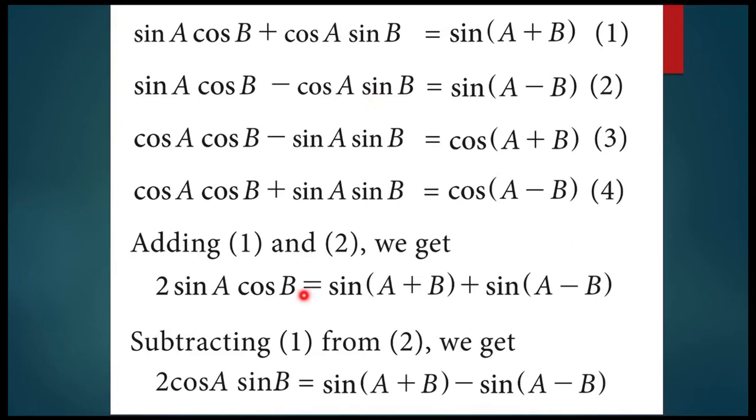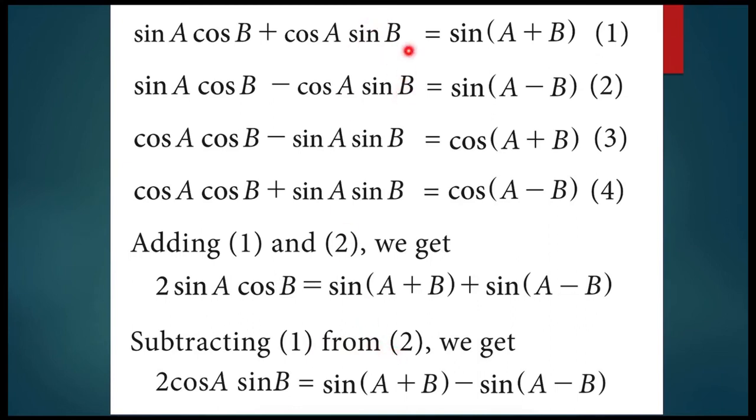That is equal to sin(A+B) plus sin(A-B). So while adding 1 and 2, you get 2 sin A cos B equals sin(A+B) plus sin(A-B). Here the product sin A cos B is transformed into a sum.